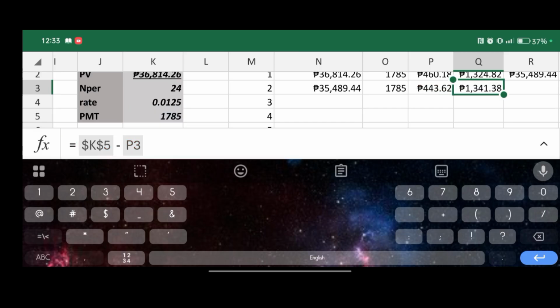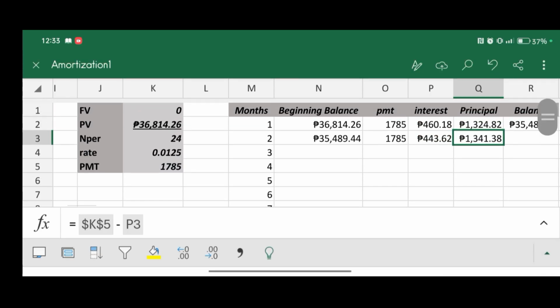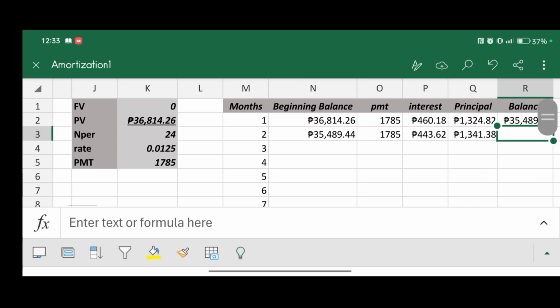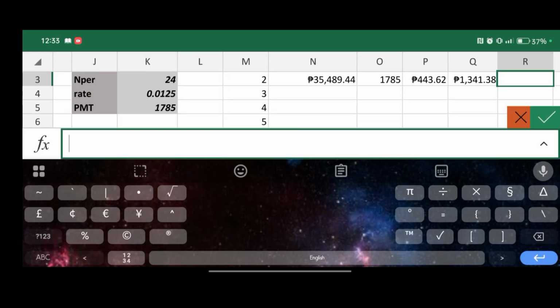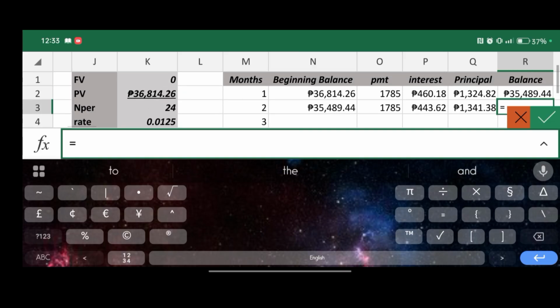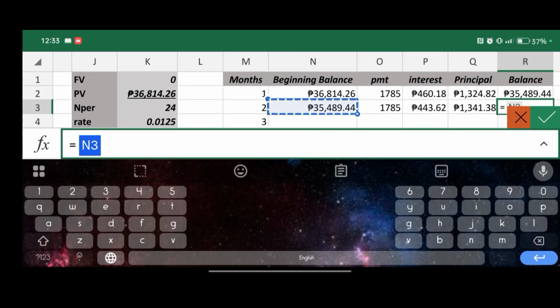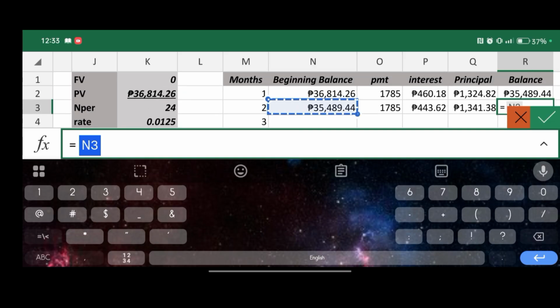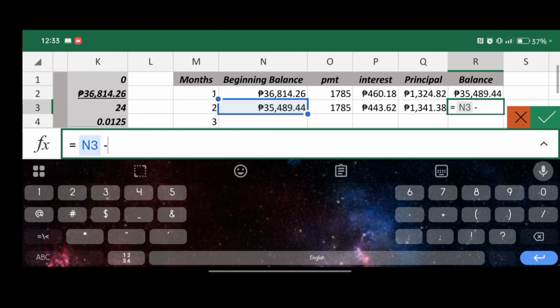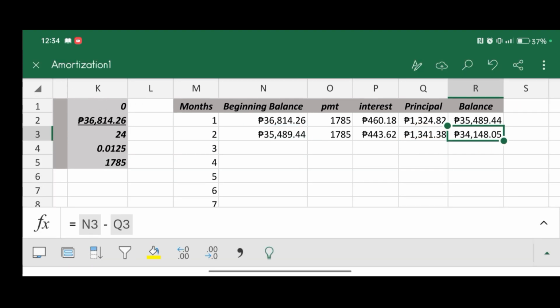Then enter. And so the remaining balance would be equal sign, then the new beginning balance subtracted with the principal, then here it goes.